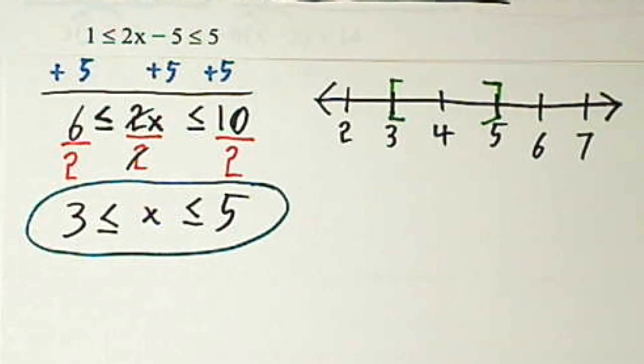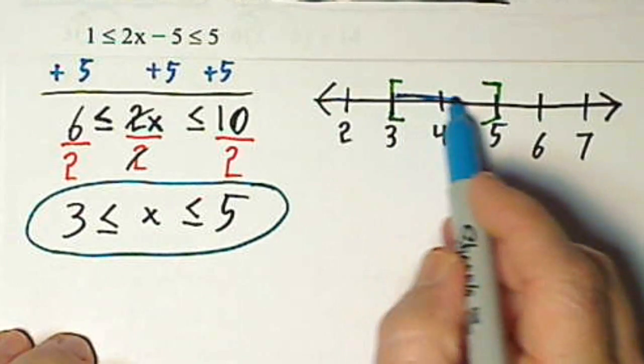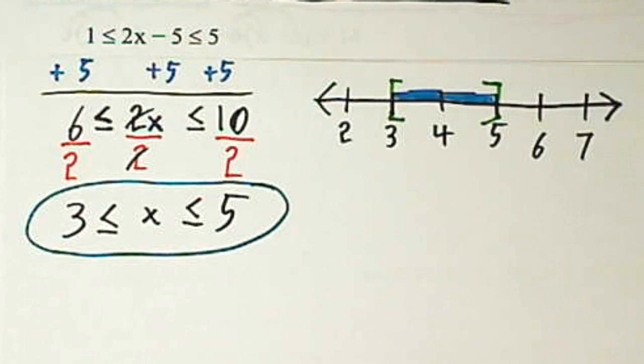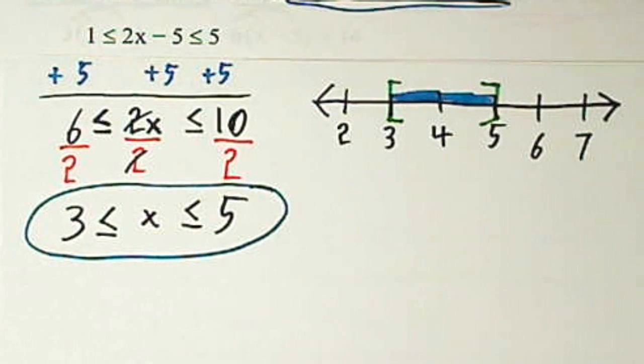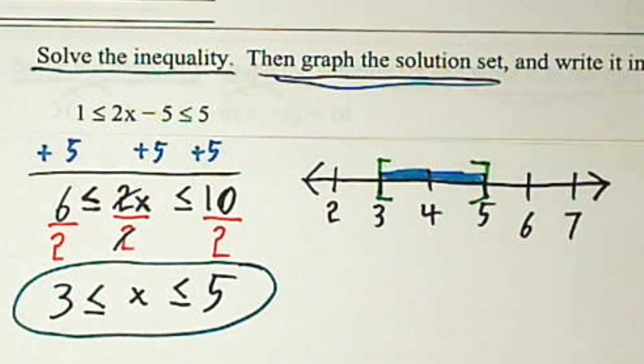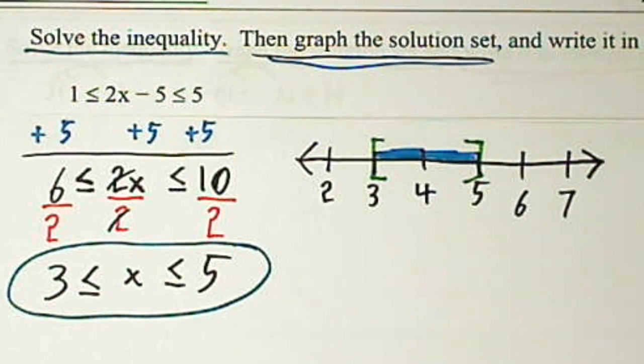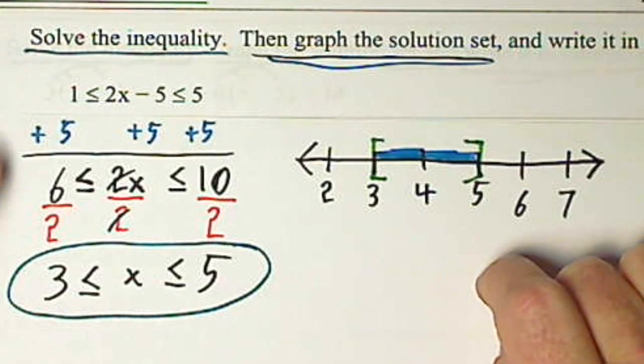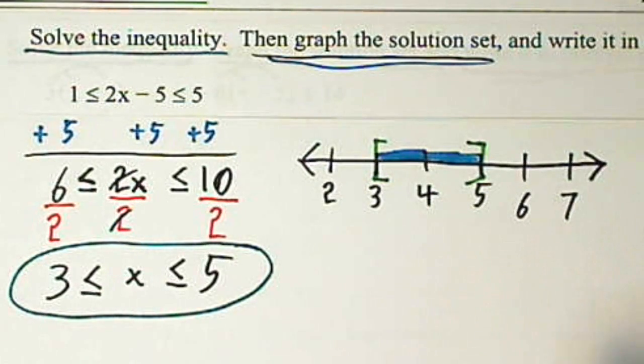And then I'm going to fill in everything in between. So we've graphed the solution set. Oh, I'm sorry, you couldn't see what I was underlining up there. So we've graphed the solution set. All right. Earlier we solved the inequality. And then the last thing they want us to do, I'll zoom out for this.